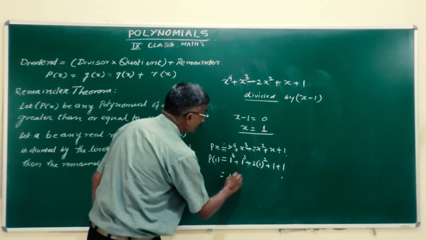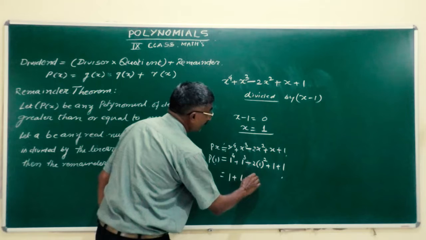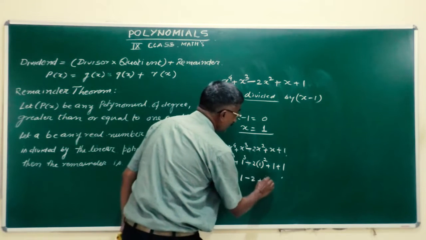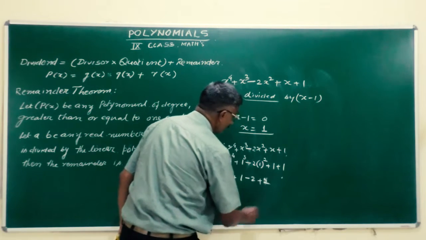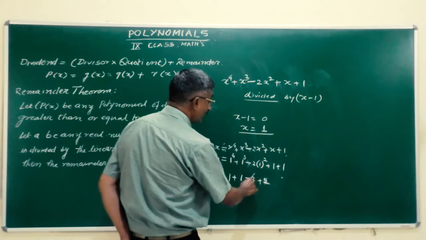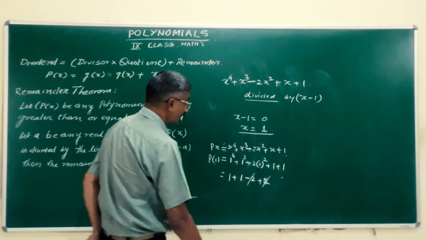So 1 to the power 4 is 1, 1 cube is 1, minus 2 into 1 is 2, plus 1 plus 1 is 2. So minus 2 cancels.